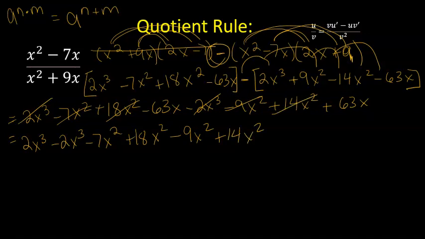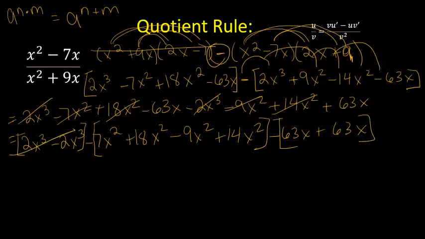And then I have negative 63x plus 63x. Let's put them in brackets so we can see what's going on here. These are all here, and then we put these here. Well, these cross out because they become 0. And then we can get rid of these because they become 0.